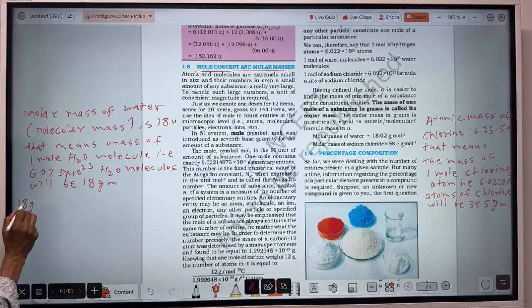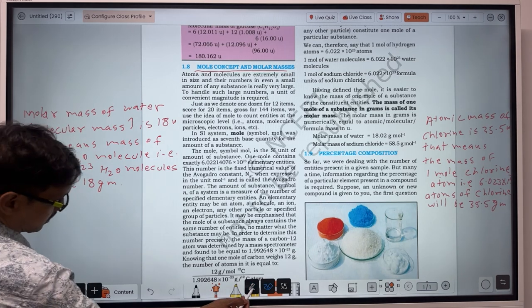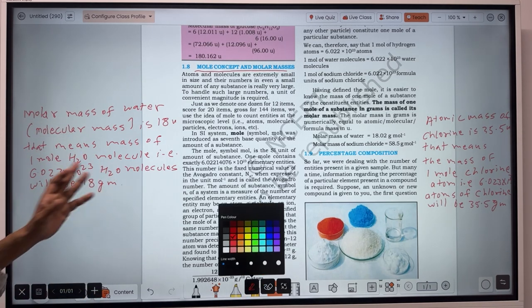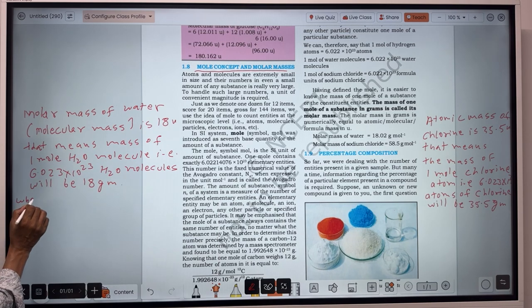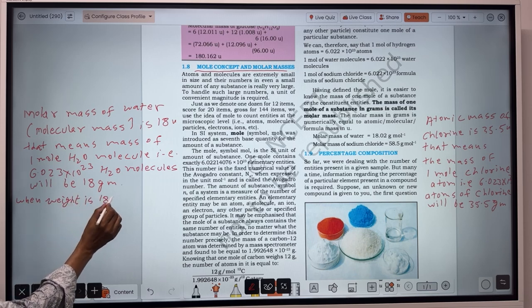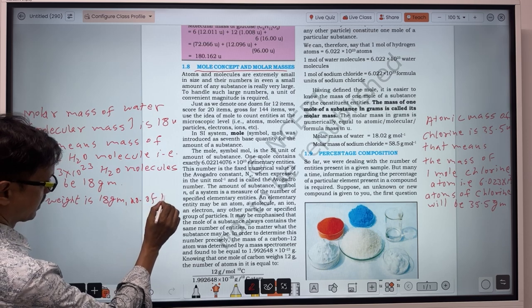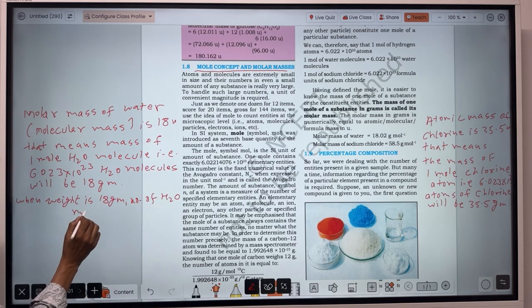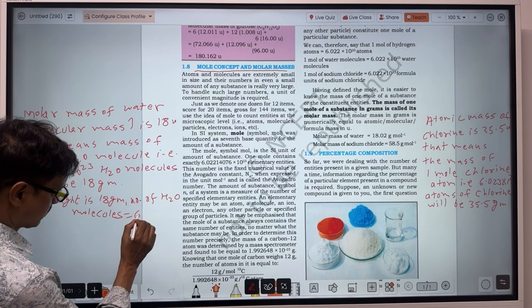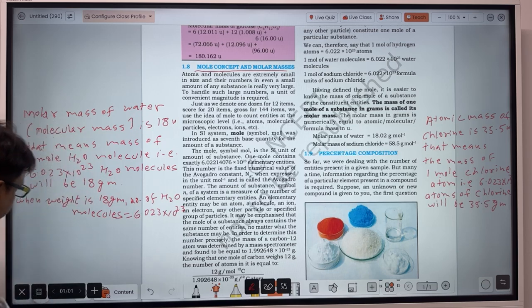When weight is 18 gram, the water molecules will be 1 mole, that is 6.023 into 10 raised power 23.